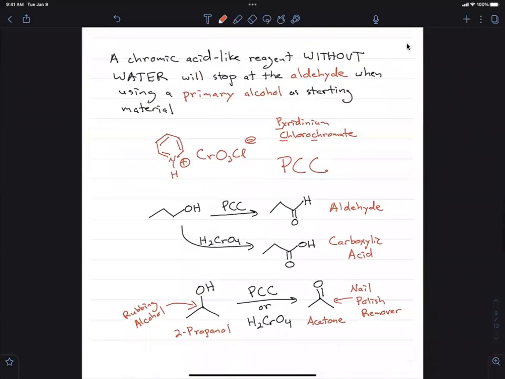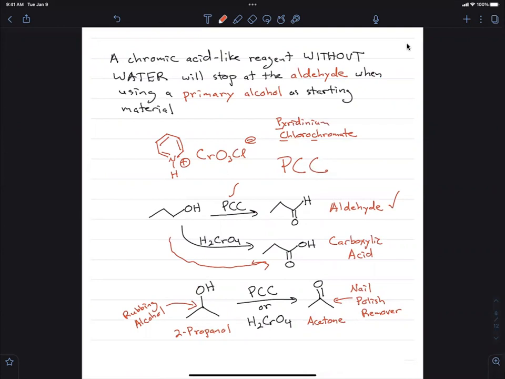So chromic acid will take a primary alcohol all the way to a carboxylic acid through the aldehyde. But PCC is a chromic acid-like reagent that does not have water in it, so there is no geminal diol formed, and it stops at the aldehyde, and that's why PCC gives you aldehyde with primary alcohols.